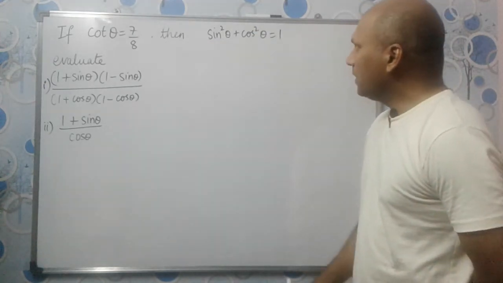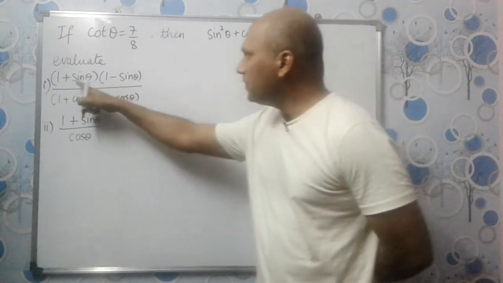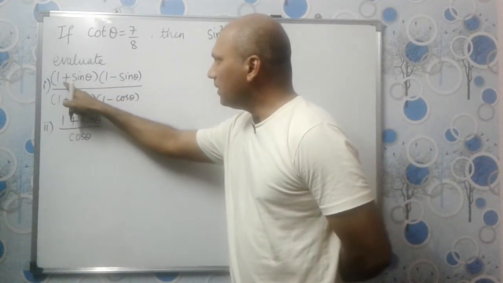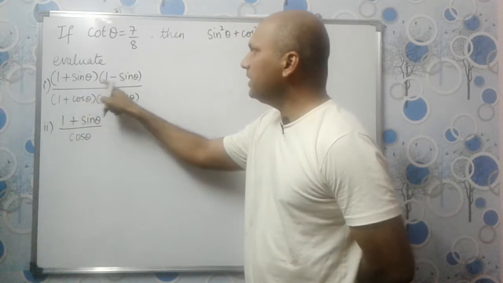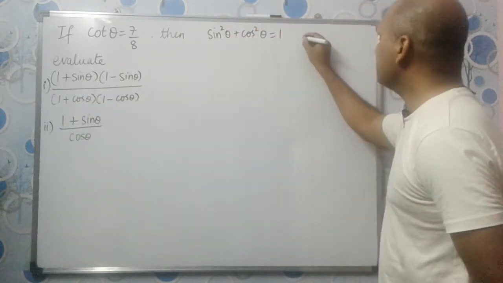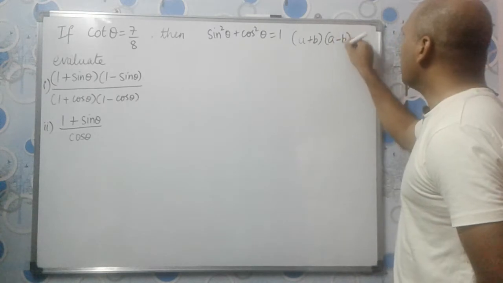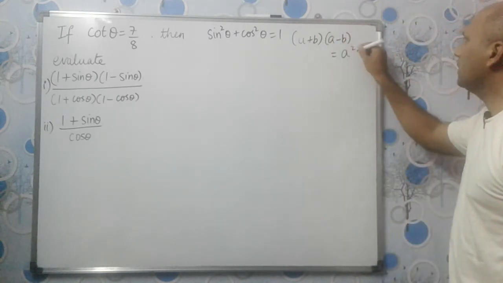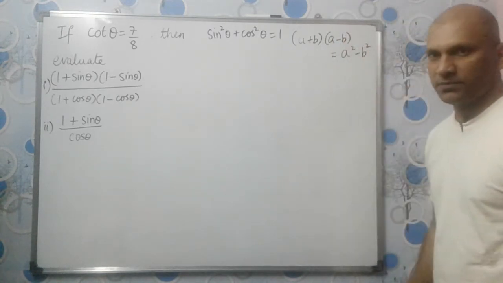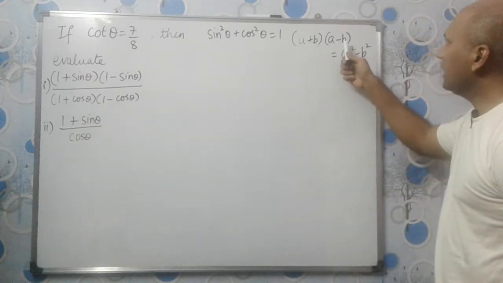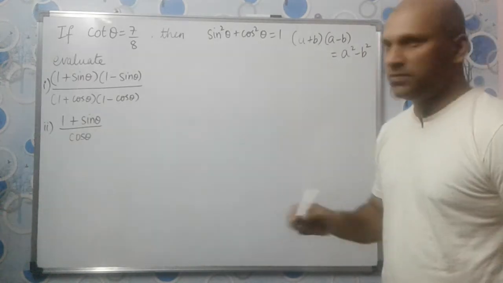Now if you observe carefully, this is of the form a plus b, a minus b. A plus b multiplied by a minus b is equal to a square minus b square.